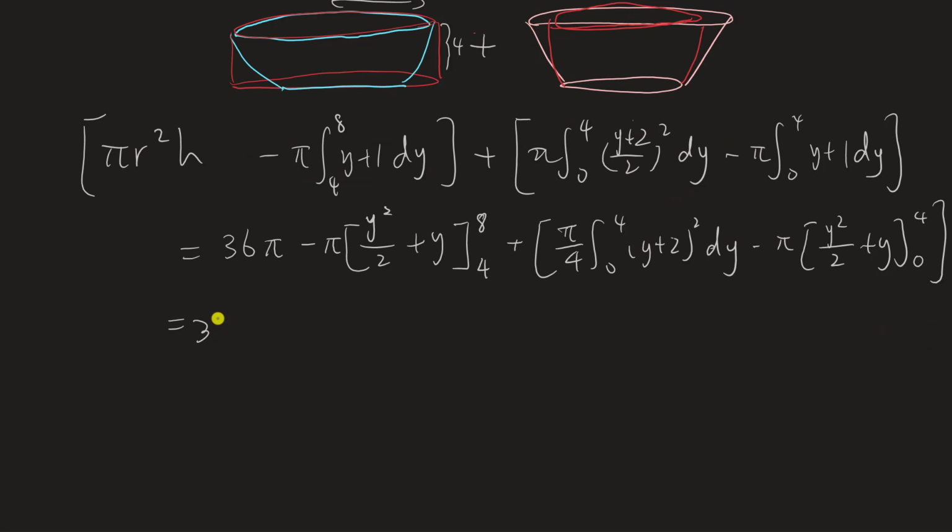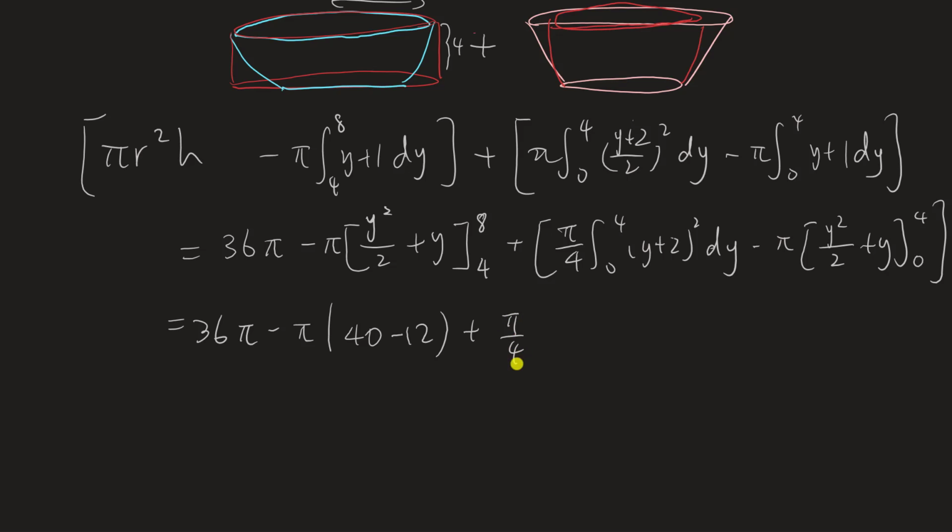Simplifying this, sub in 8, 64 over 2, 32 plus 8, 40. Sub in 4, 16 over 2, 8, 8 plus 4, 12, so minus 12.